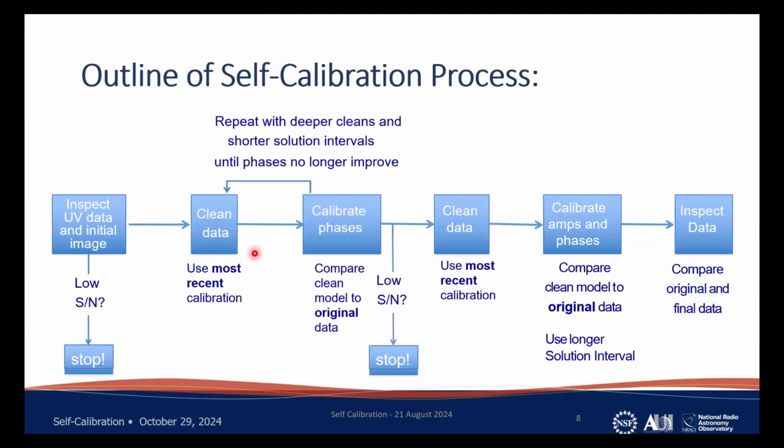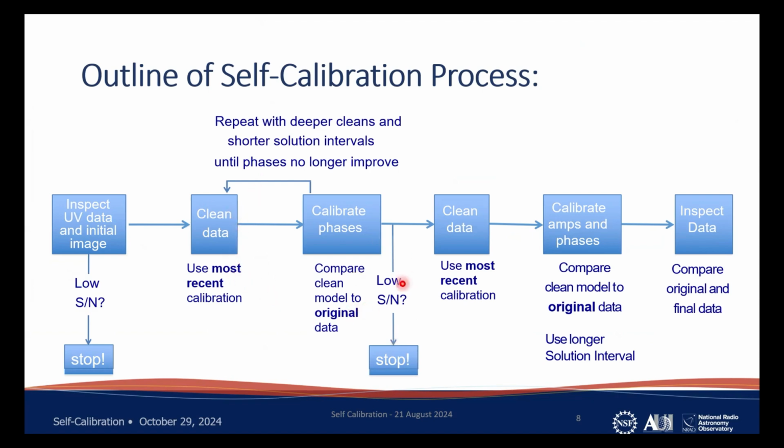So here's an outline of the self-calibration process. First of all, we inspect the data and check that the signal to noise is good. If it's not good, like 3 sigma or 5 sigma, don't do it; you don't need self-calibration. But if the data provide good signal to noise in some regions and a huge dynamic range, we can start cleaning and create models.